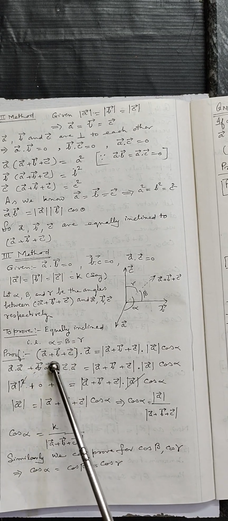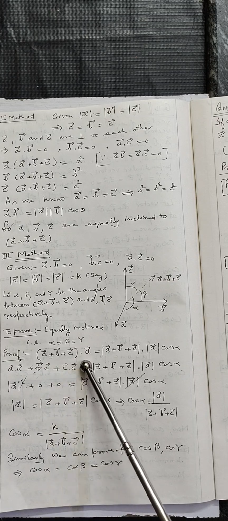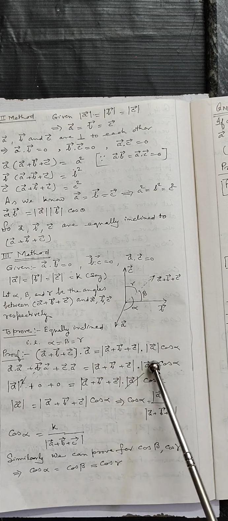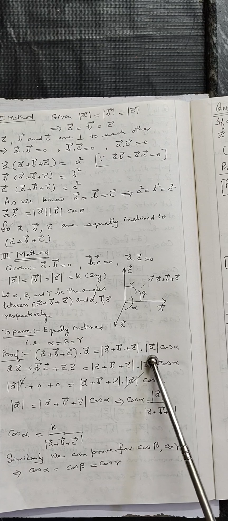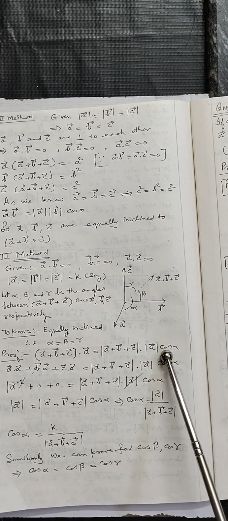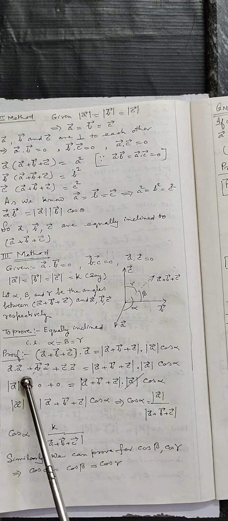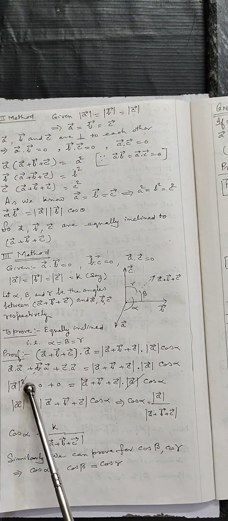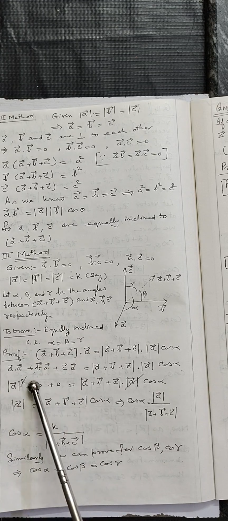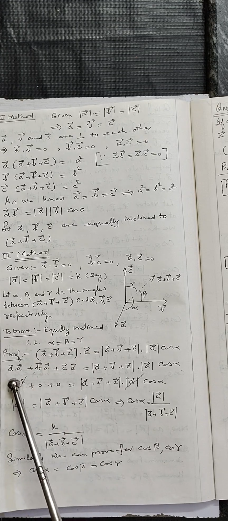The vector A plus vector B plus vector C dot vector A, that will be equal to the magnitude of the summation of these vectors into magnitude of the vector A into cos alpha. While we will open it, you will get A into A, इसको मल्टीप्लाई किया हमने, तो क्या हुआ?